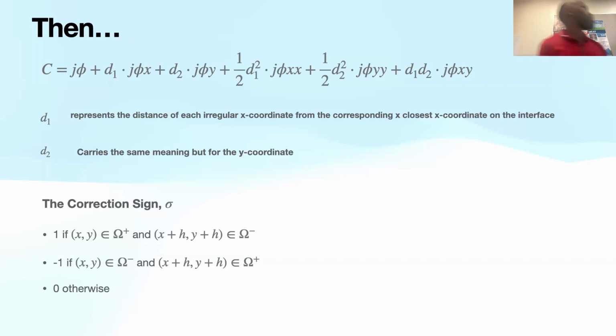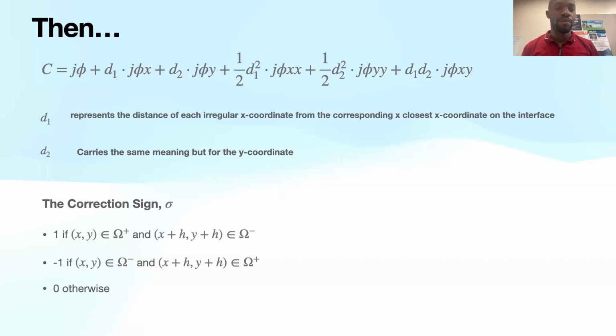This is just the 2D Taylor series expansion written using the jumps, and d is the distance from the closest point to the interface point, for both the x coordinate and the y coordinate.